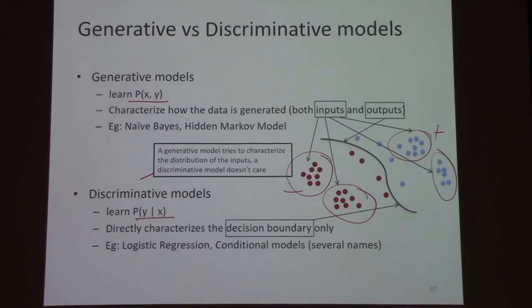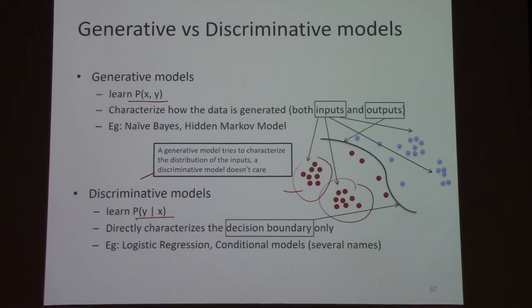In other words, the generative model learns both. If I think of this as a predictor, as an input to output conversion problem, a generative model will learn both the distributions over the inputs and the decision boundary, or will try to learn. And the discriminative model says, I don't care about how the inputs are laid out.